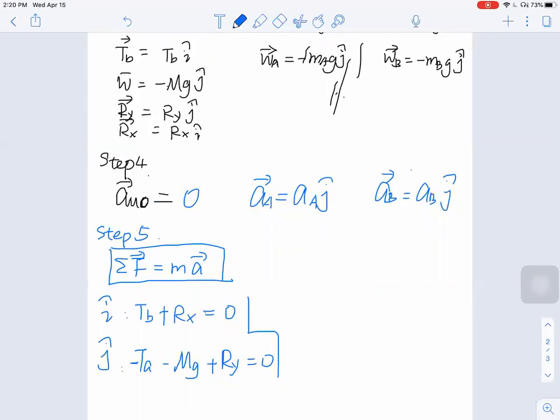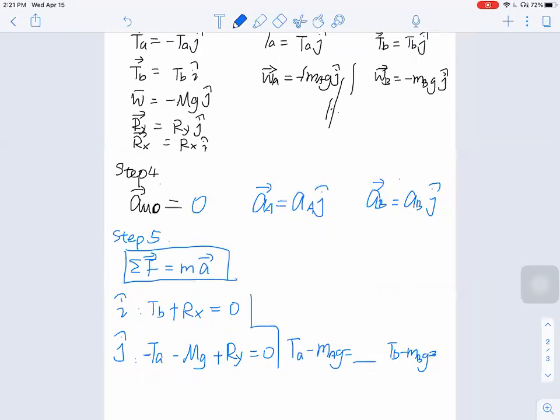For A, it's going to be TA minus MAG equal to, or leave this blank here. For B, it's going to be TB minus MBG equal to. Okay, so leave this blank as a question for you.